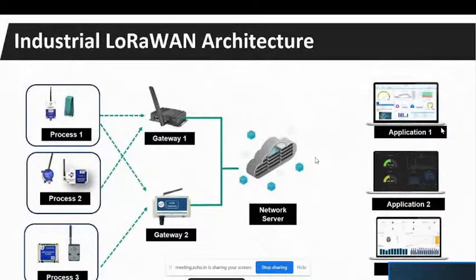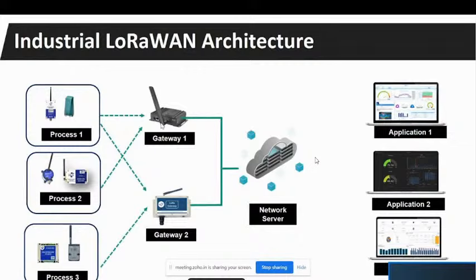So here is the industrial LoRaWAN architecture. Here you can see we have multiple processes. Let's say process one, process two, and process three. Here we have deployed energy monitoring solutions. Here I'm monitoring water consumption and flow meter readings. Here I'm doing condition monitoring of our assets.